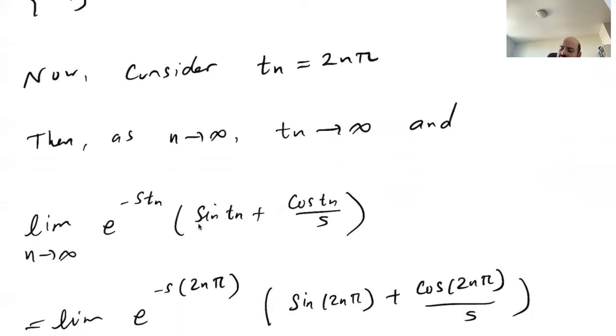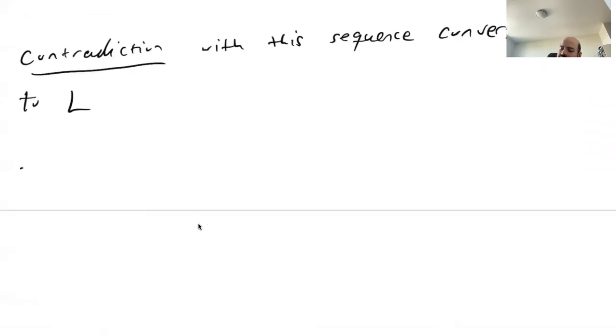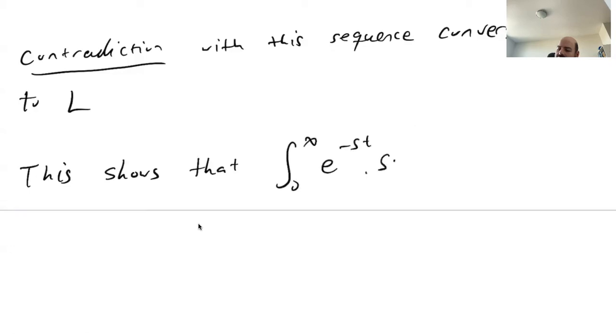So this shows that the integral above, which was integral 0 to infinity e to power minus st sine t dt, is divergent in this case.